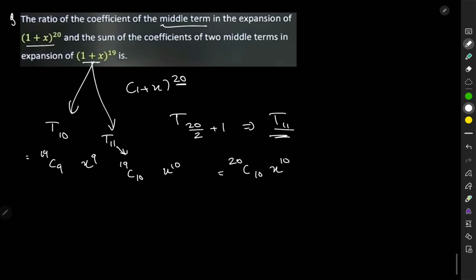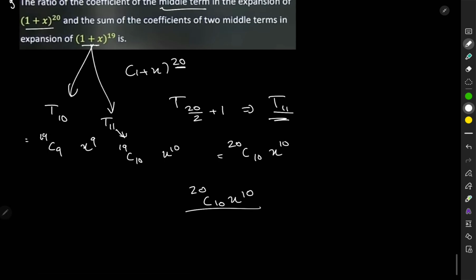So what they have asked is the ratio of the coefficient of the middle term in the expansion, that is 20c10 x to the power 10, divided by the sum of the coefficients of the middle terms, 19c9 x to the power 9 plus 19c10 x to the power 10.